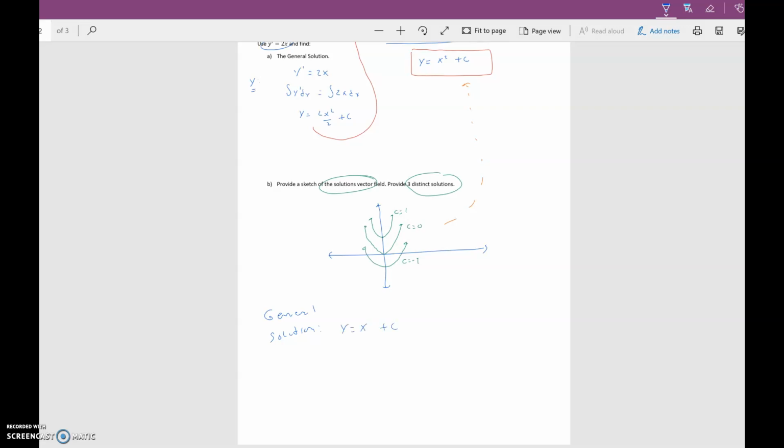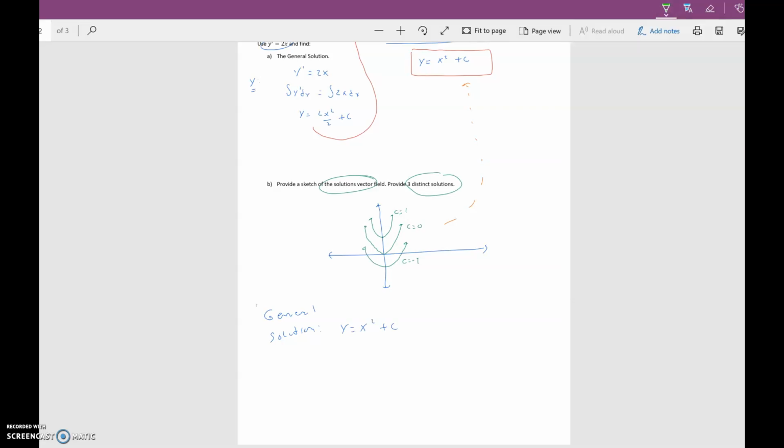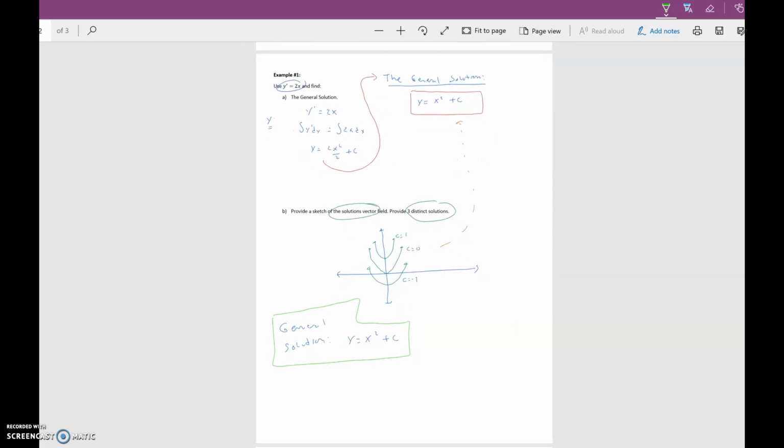We don't have any information up to this point to find the specific c. So if they want a sketch of the vector field solutions, or if I give you one of these on the final, it would be very basic, one of the elementary functions. Polynomial works best, and then you're just providing different sketches. Obviously, we don't have a great scale, but that would be the solution.